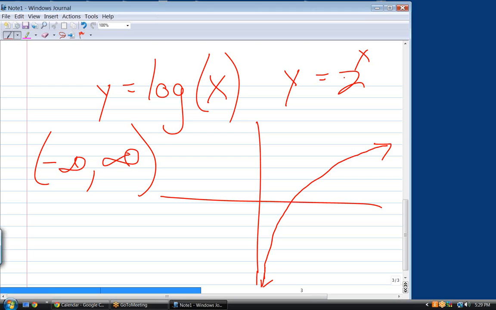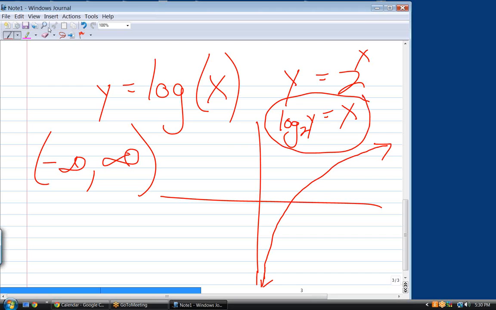There's no way to make y negative. But if I gave you a log equivalent of this, it would be the log of y base 2 equals x.